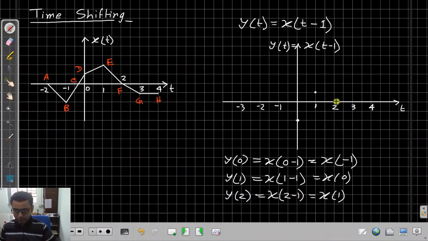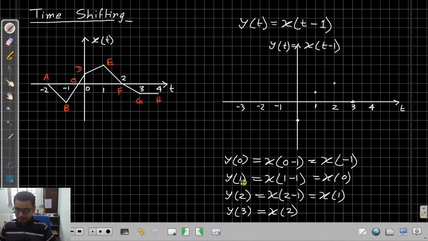Similarly, y(3) will be x of 2, x of 2 is 0, so we mark this point.